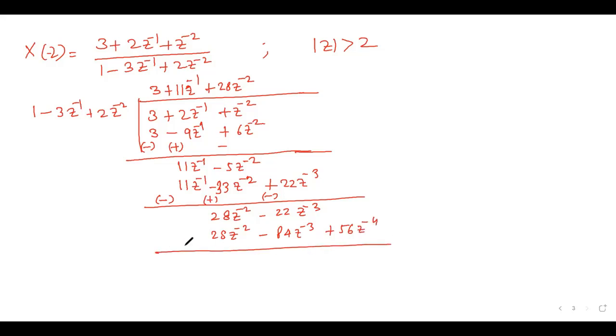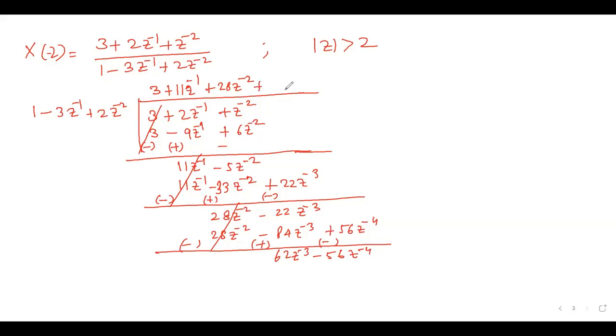Again subtract, কত হচ্ছে, 84 minus 22, 62 z to the power minus 3 minus 56 z to the power minus 4.